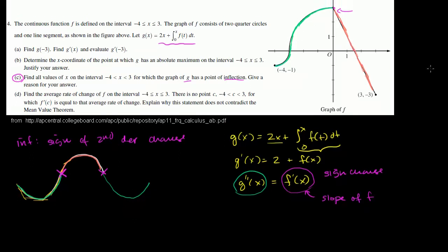So we experience a sign change right over here at x equals 0, a sign change in the first derivative of f, which is the same thing as saying a sign change in the second derivative of g. And a sign change in the second derivative of g tells us that when x is equal to 0, the graph of g has a point of inflection.